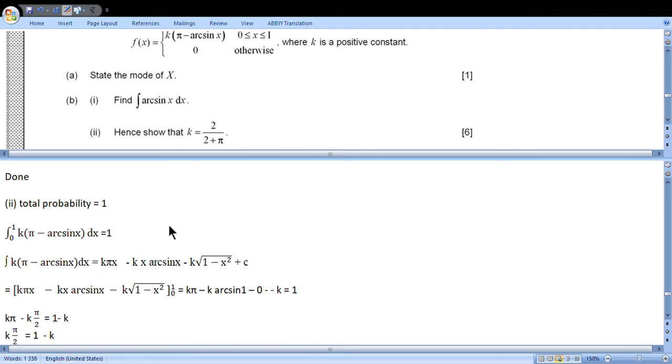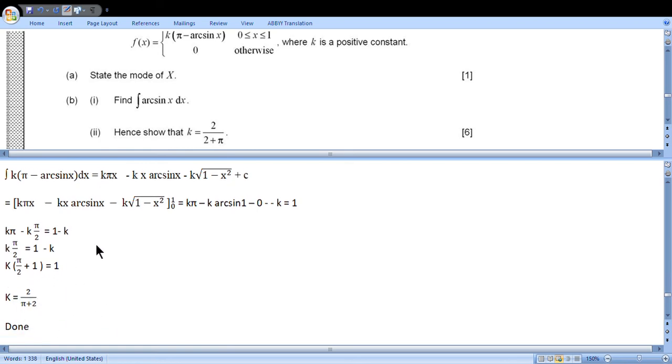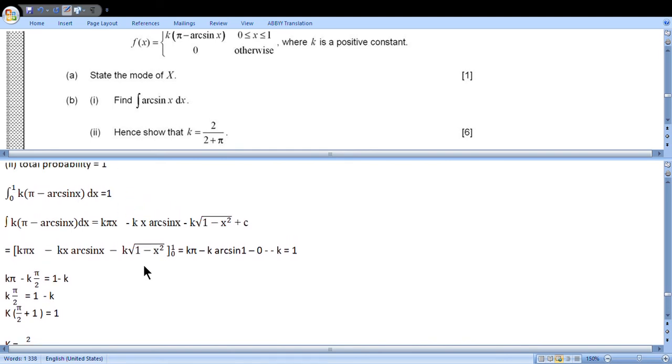So we get an equation, and the probability equals 1. So we get an equation for k, and after solving we get what they ask us to show. So we found the indefinite integral, and this will help us to find the integral of this value.